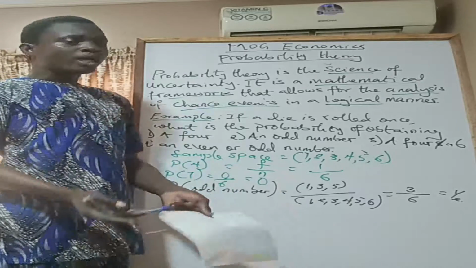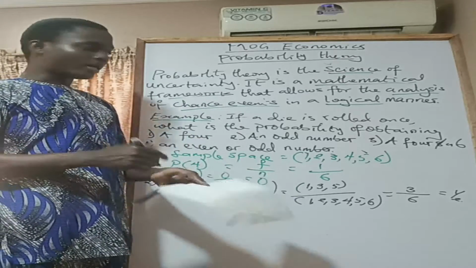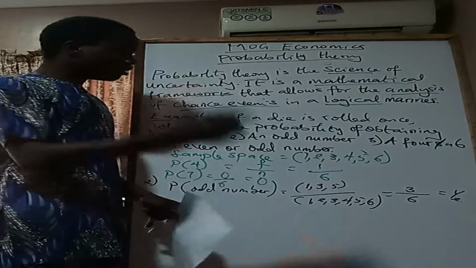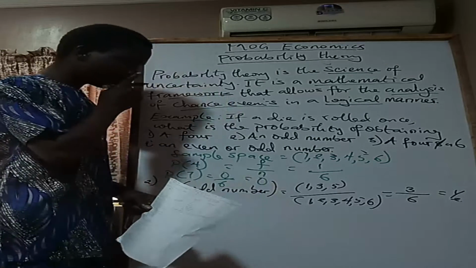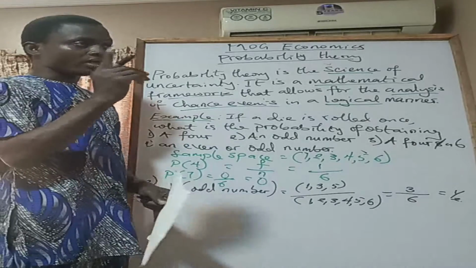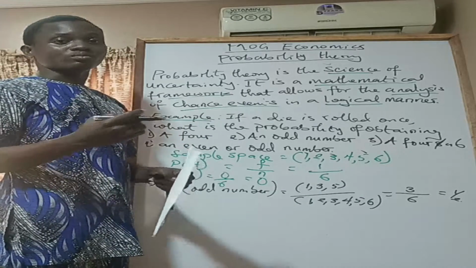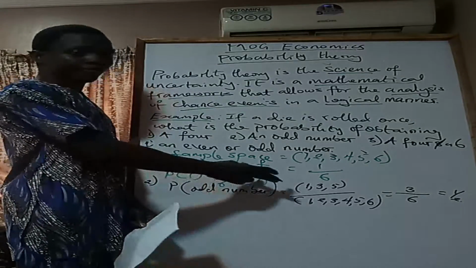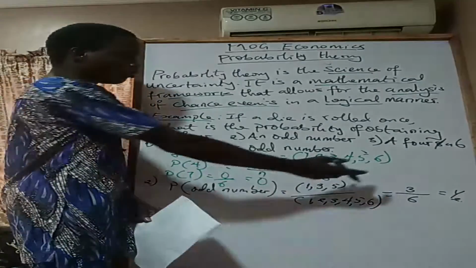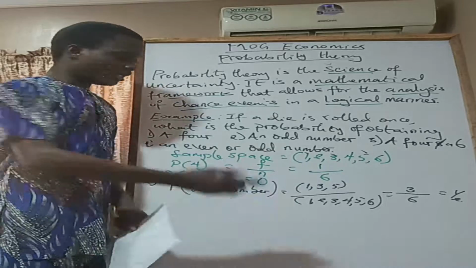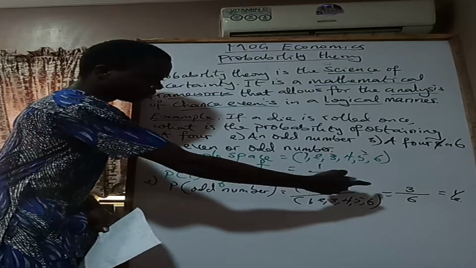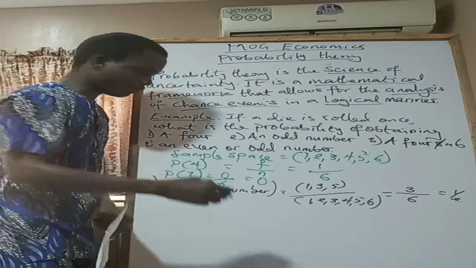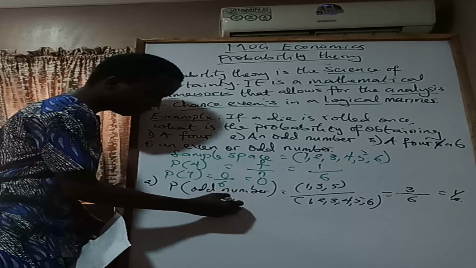So that's cool. Now another way to do this is to use the probability of getting each number on the die. Like for example, the way we got the probability of 4 is 1/6. So for the odd numbers, 1 is the first odd number, so that gives you 1/6.